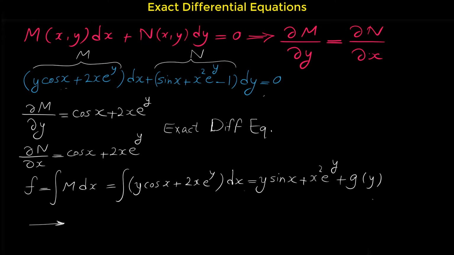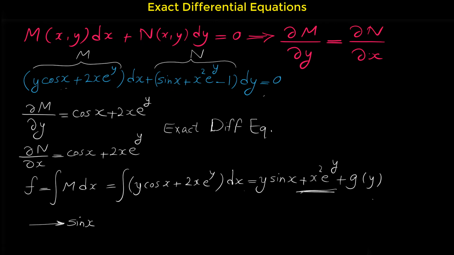The derivative of y sine of x with respect to y is sine of x. Don't forget, we are taking the derivative of this with respect to y. So the derivative of y is 1, and sine of x is a constant because we are taking the partial derivative with respect to y.